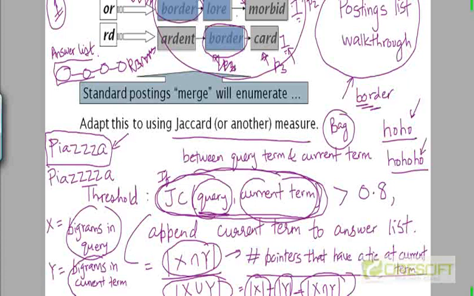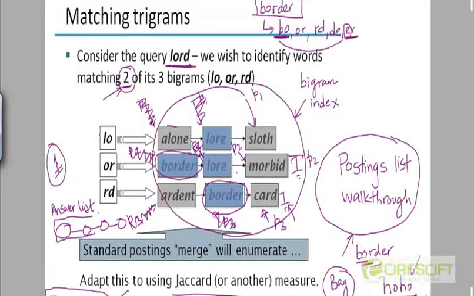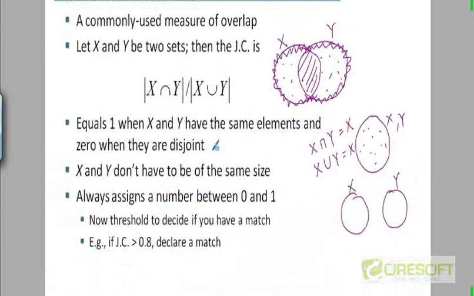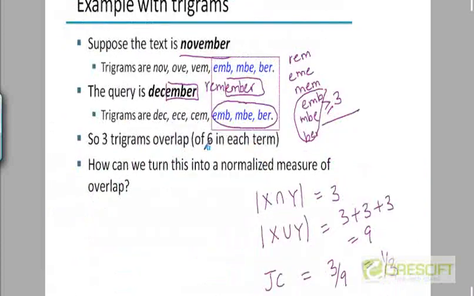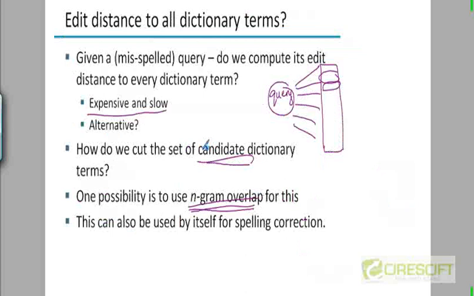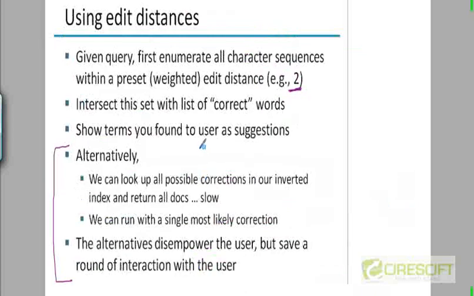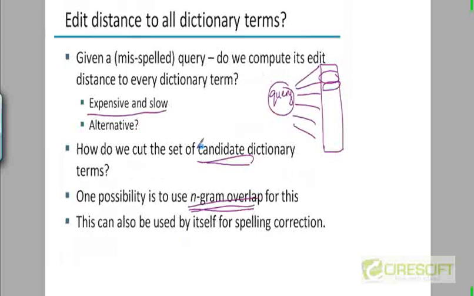What I just described is an independent spelling correction method, but you can actually think of combining this method with the edit distance method. Remember that the previous method we discussed, where we want to compute the edit distance between the query term and every term in the dictionary, was too expensive.